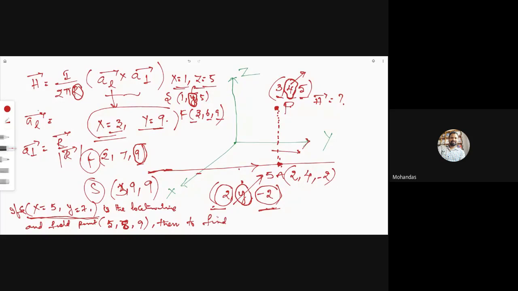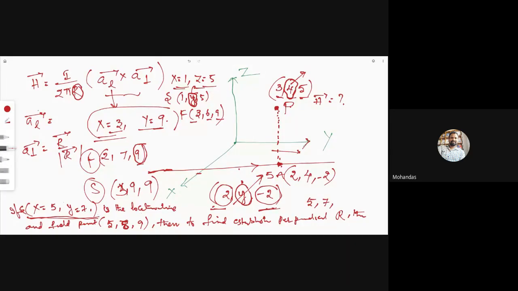Then to find out or to establish the perpendicular distance R, the source point will be 5, 7, and who is missing here?